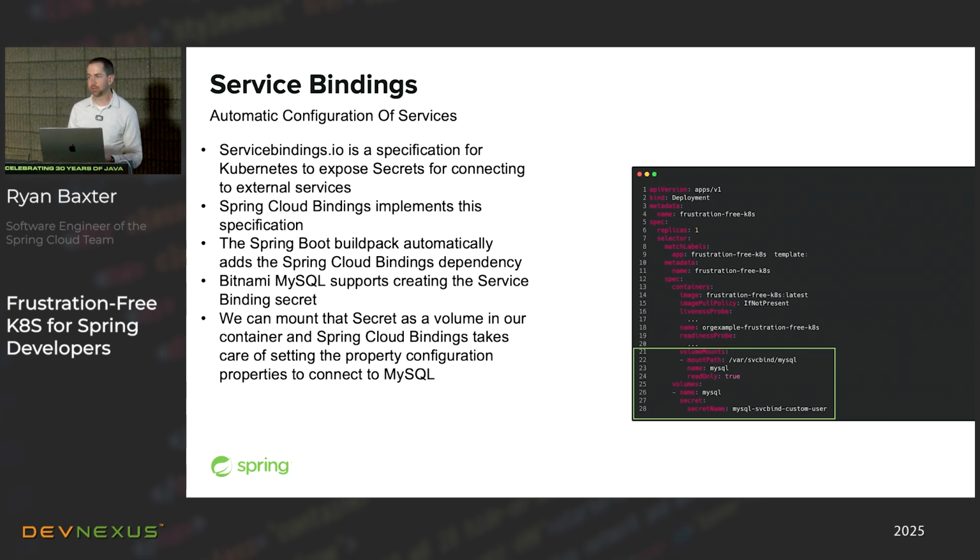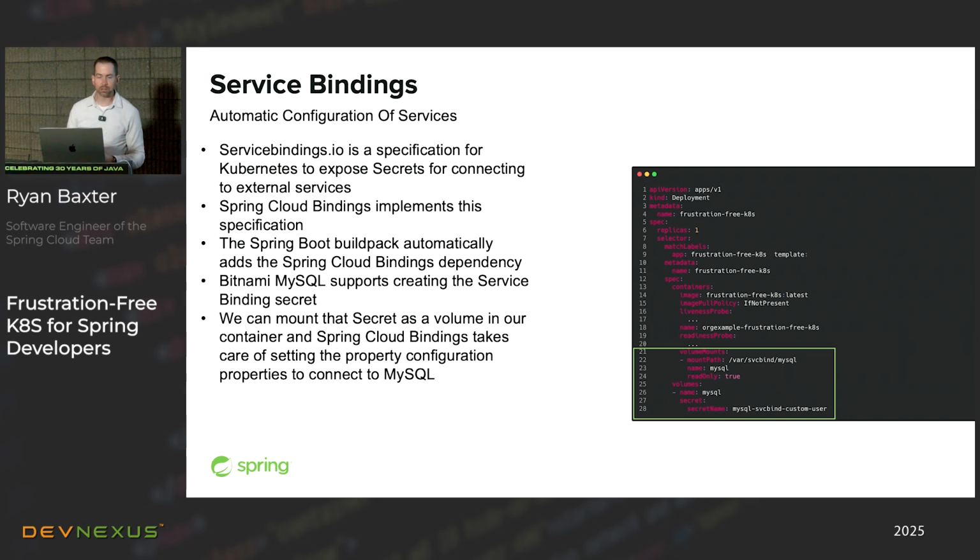And there's an implementation of that specification that we have in the Spring portfolio called Spring Cloud Bindings. And the Spring Boot buildpack that we're going to use to build our container will automatically add that Spring Cloud Bindings dependency to our application when we create the container for our application. At that point, the Spring Cloud Bindings just needs to know where these secrets live. Where does the secret live for the MySQL service that we are trying to connect to?